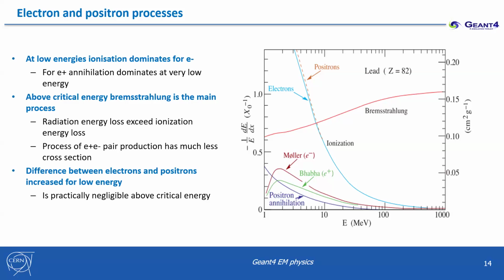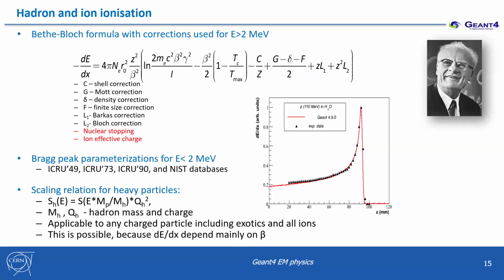And in this sense, electrons and positrons become more equivalent. At low energy, we see significant effects from positron annihilation, and the positron annihilation cross-section grows when the energy of the positron is reduced. And this needs to be taken into account when we make electron and positron transport.